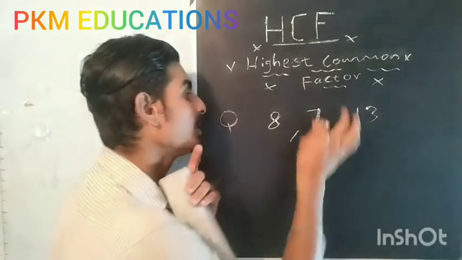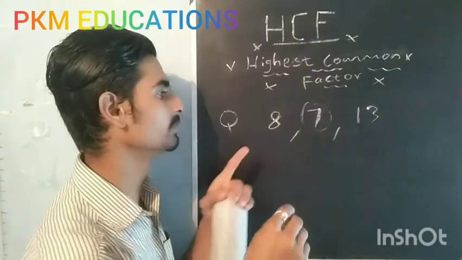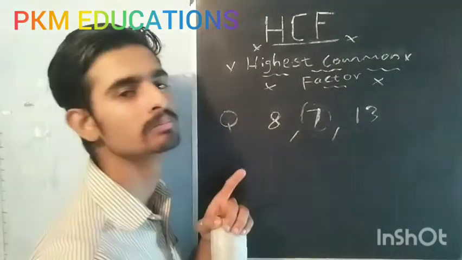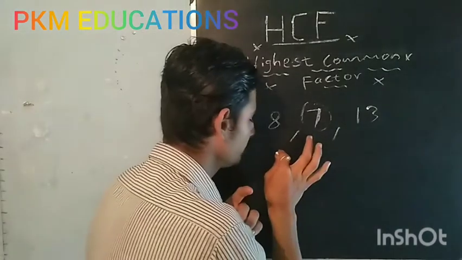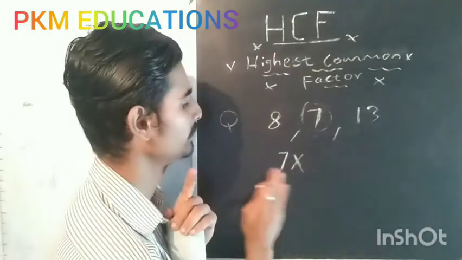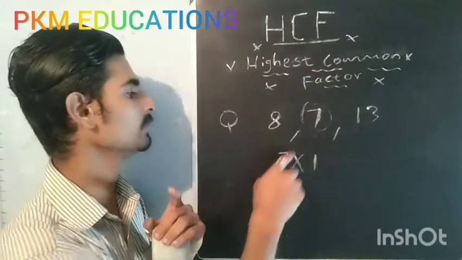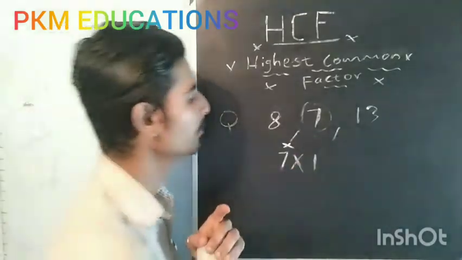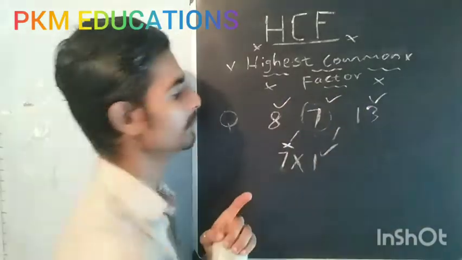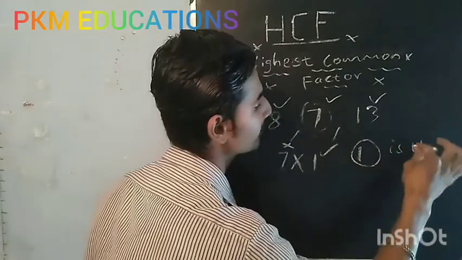First we take the smallest number. 7 is not divisible in 30 and 8. Then what will we do? Take the factor. Here 7 has only one other factor, 7 into 1. 7 is not divisible. Then 1. 1 is divisible in 8, 7, 30. Then we can say 1 is the HCF.